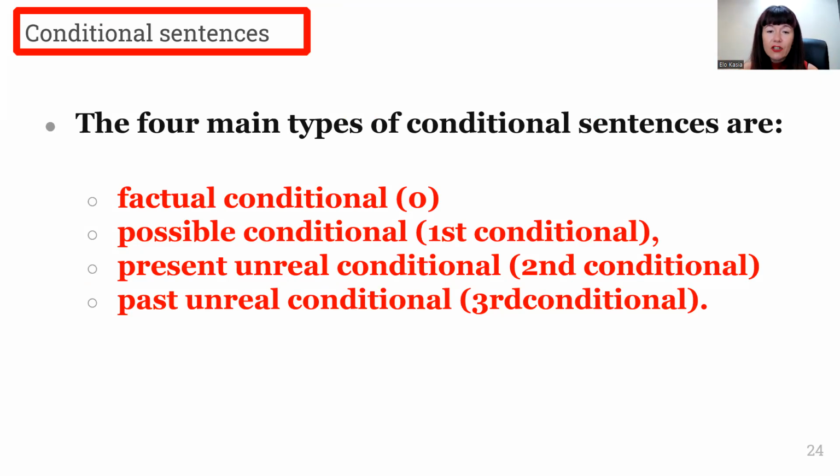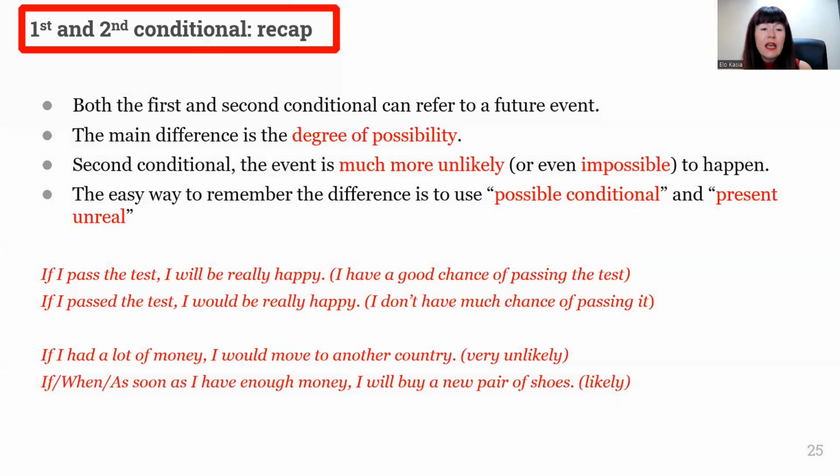The second conditional is also called present unreal conditional. In the second conditional, the event is much more unlikely or even impossible to happen. The easy way to remember the difference is to use possible conditional for the first conditional and present unreal for the second conditional.